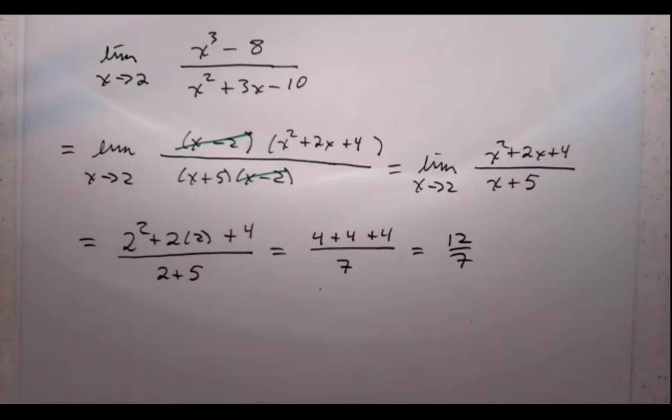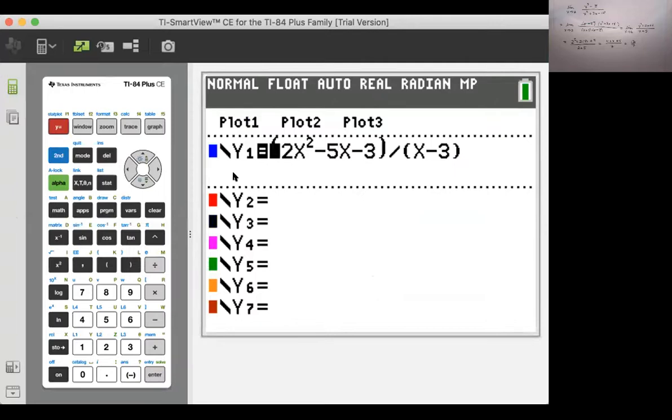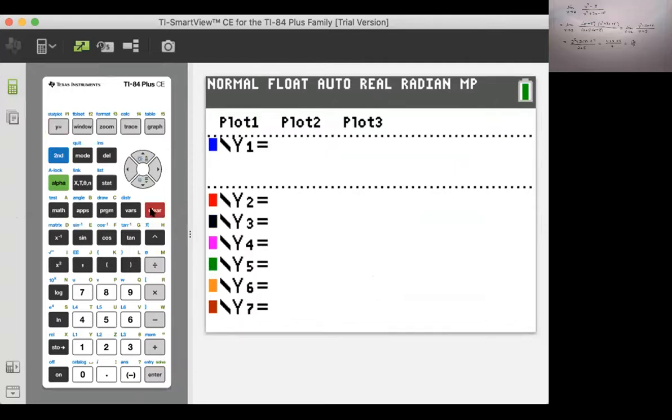So let's check this on the graphing calculator and see what we get. Clear that one out. Upstairs, I have x cubed minus 8 in parentheses, divided by downstairs, x squared plus 3x minus 10.